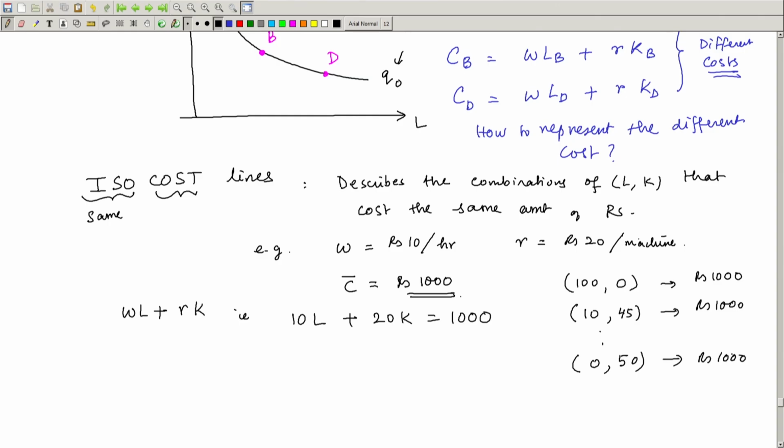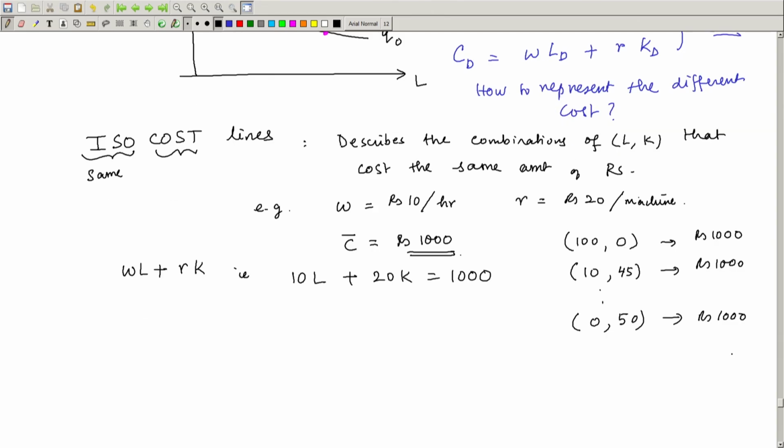So my point is, just as an isoquant is collecting all combinations of labor and capital which are going to give the firm the same level of output, an iso-cost line is collecting all combinations of labor and capital which is going to cost the firm the same amount of rupees.